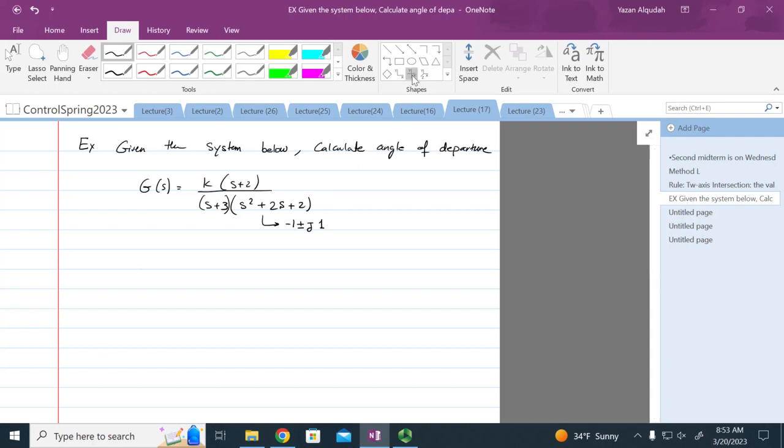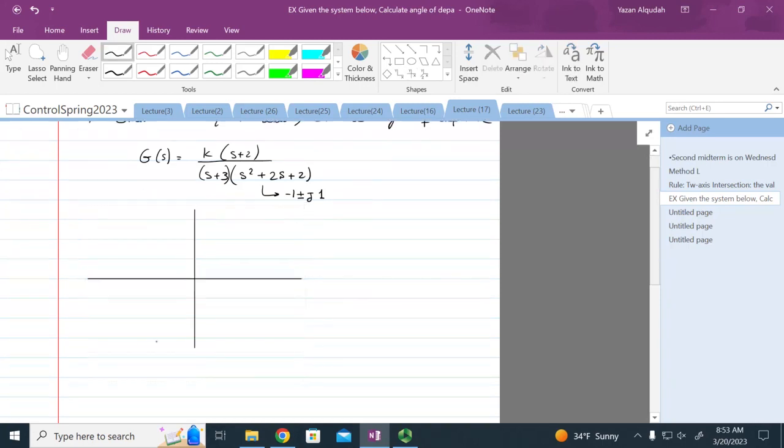And therefore, I'm going to come here and plot the open loop poles and zeros. We have a zero at negative 3. We have a zero at negative 2. And we have poles that are at negative 3.